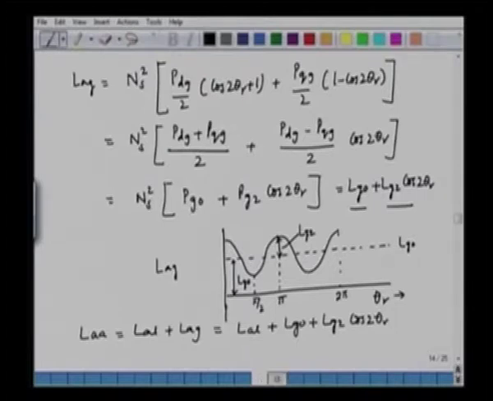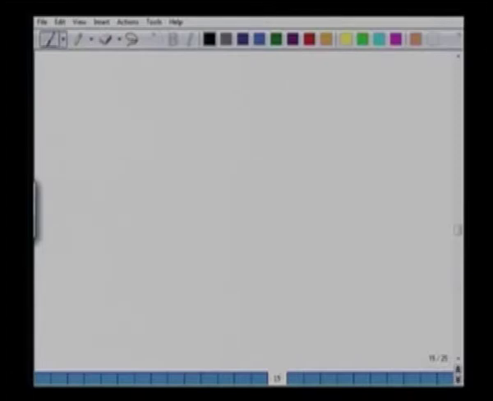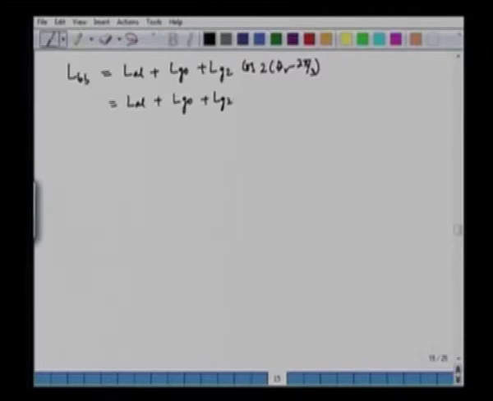Similarly, we can find out the self inductance of phase B, LBB, that is equal to LAL plus Lg naught plus Lg2 cos of 2 theta r minus 2 pi by 3, and that is equal to LAL plus Lg naught plus Lg2 cos of 2 theta r plus 2 pi by 3.